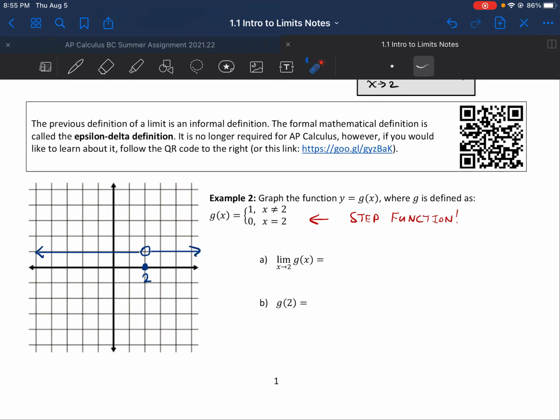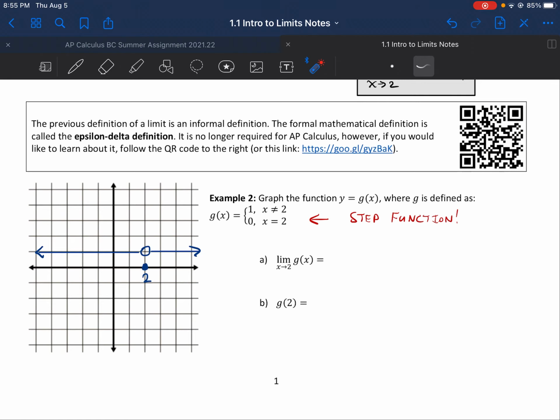So like if I went to the x value of 4, well, we can see the y value is right here at 1. If I went to the x value of negative 3 right here, I can see that the y value is at 1. The only place the y value is not at 1, or the function value in this case, is when x is equal to 2, where we have this little closed-in filled circle here at 0. Okay, we call this a step function.